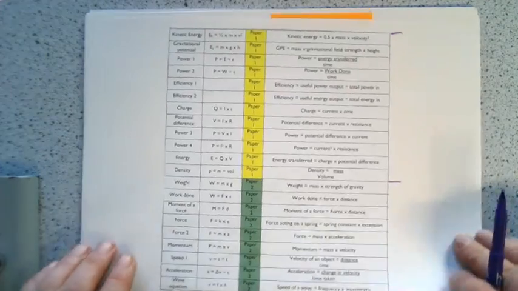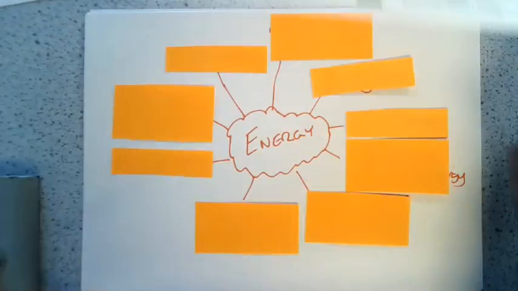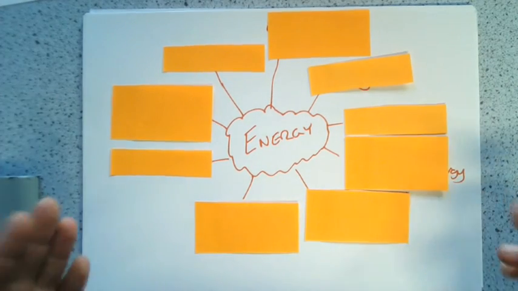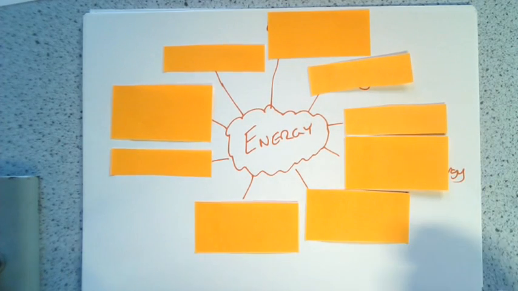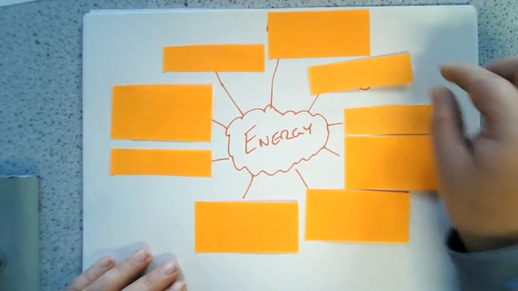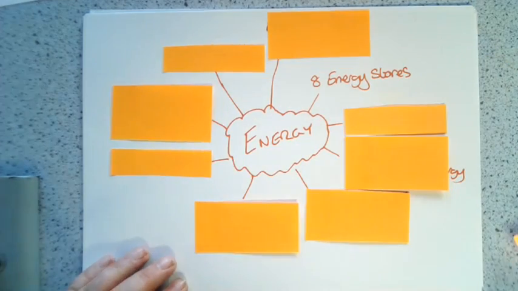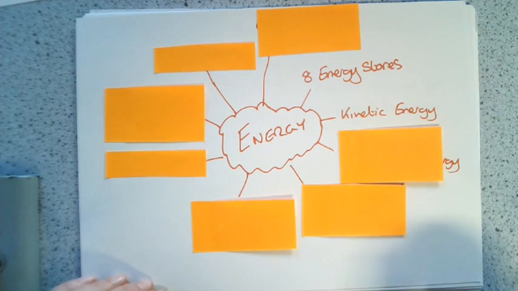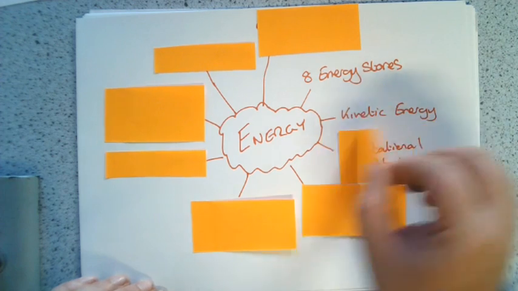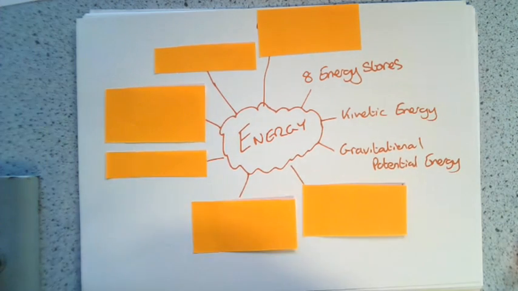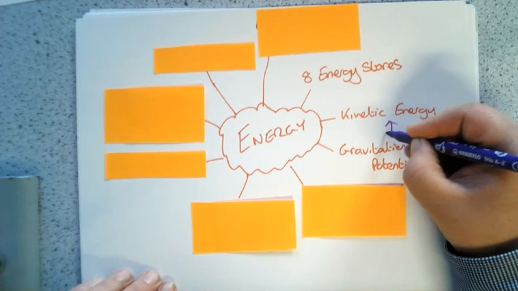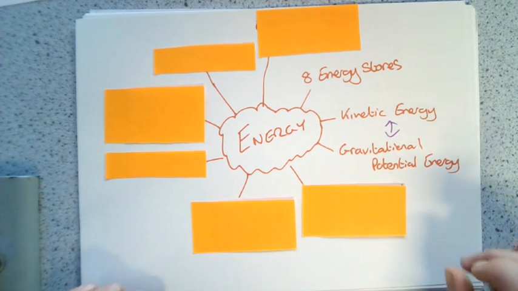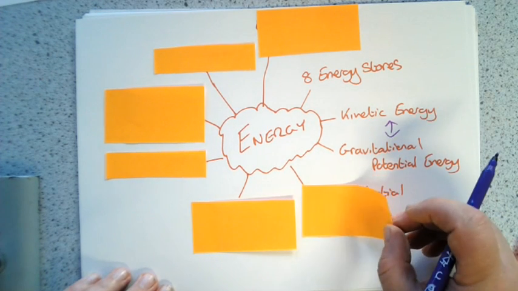So let's start looking at our first exam specification, and that is energy. So what's in the energy specification? That was the first thing that you did in year 9. So let's just reveal the first thing: our 8 energy stores. We then have our kinetic energy, particularly needing to know our kinetic energy equation. We've got gravitational potential energy, and these two, we're going to see in a little while, are really closely linked in some of the questions that they're going to ask you.